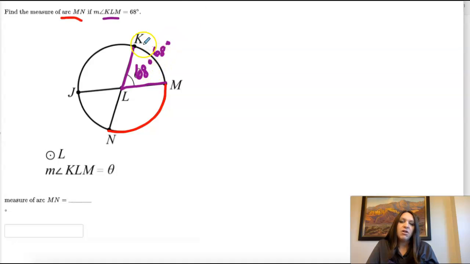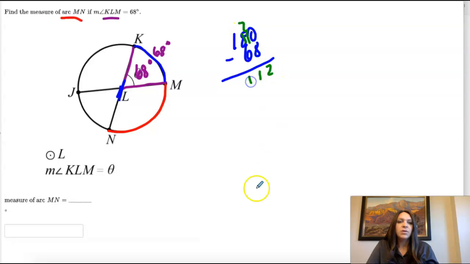And we know that the arc lengths and the two angles have to add to 180. So we're going to take 180 minus 68, which is 112. So this is 112, then the arc length is also 112. And those two things are supplementary. They add to 180.